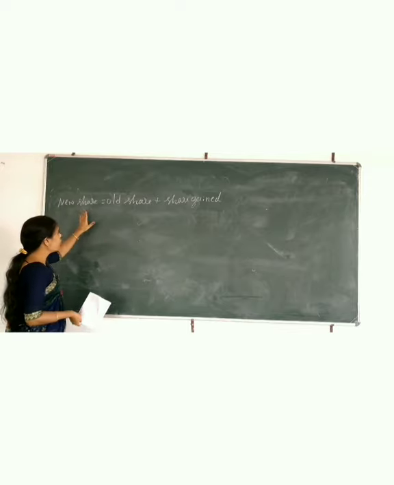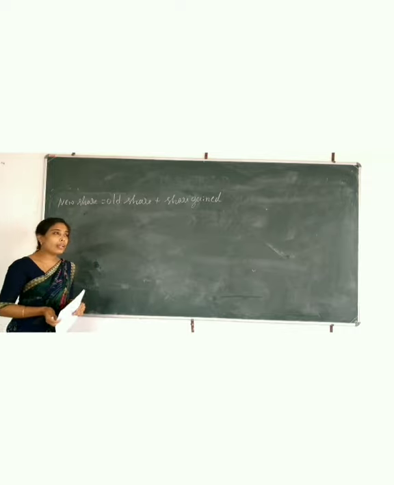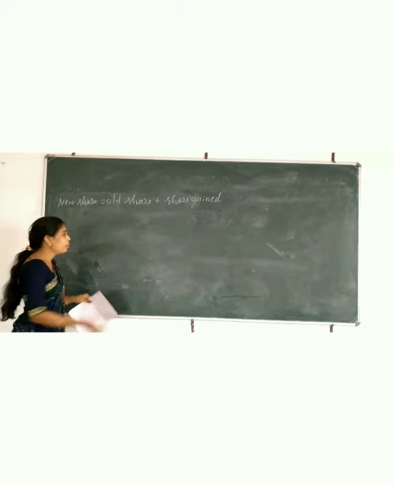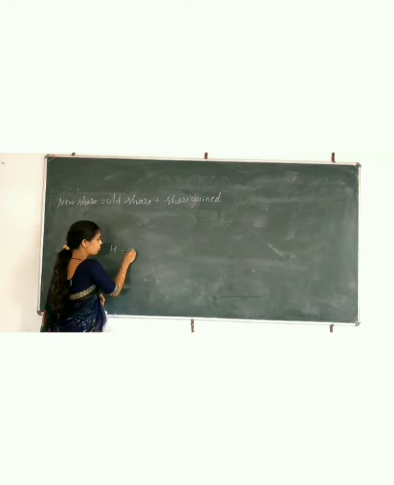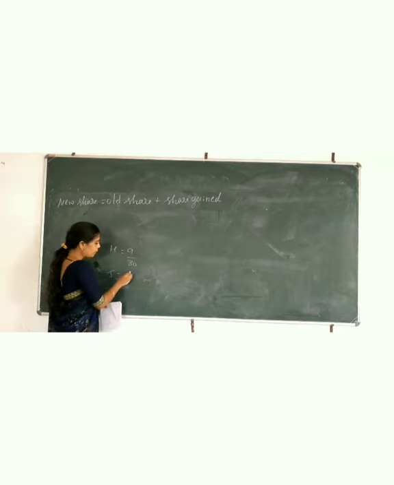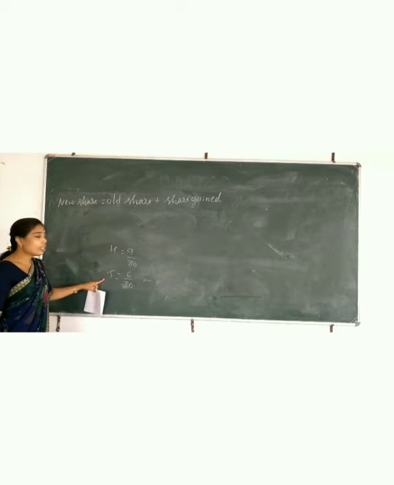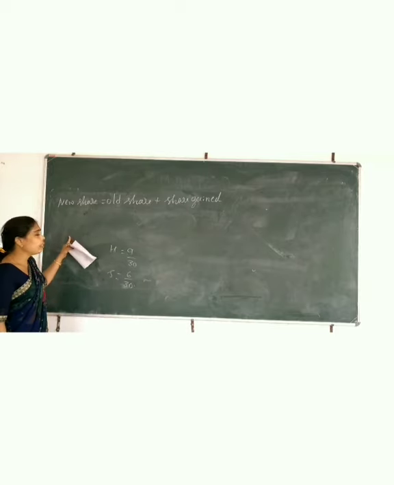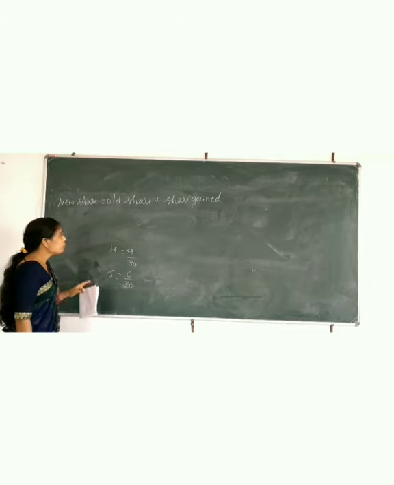For that we have the formula: new share is equal to old share plus share gain. We found the share gain by Harpreet, 9 by 30, and Shreya's share gain was 6 by 30. Now we will find the new share of Harpreet and Shreya.